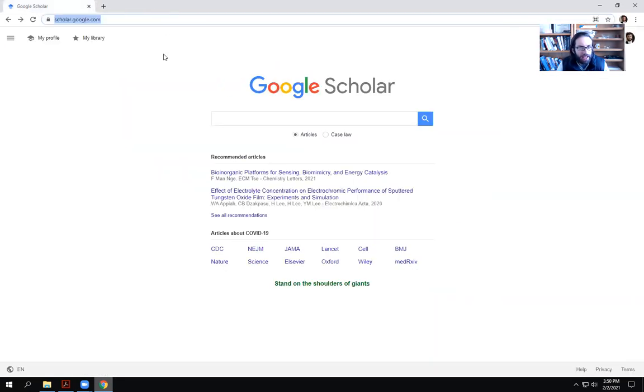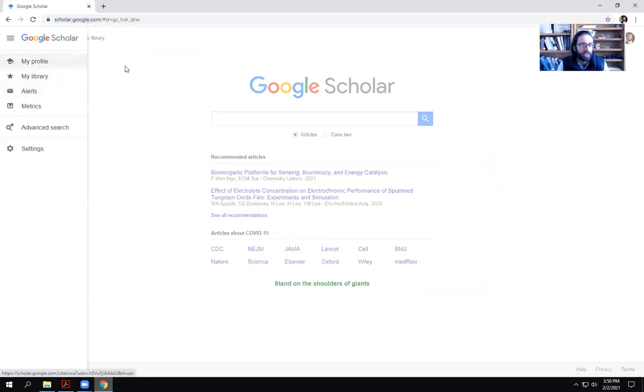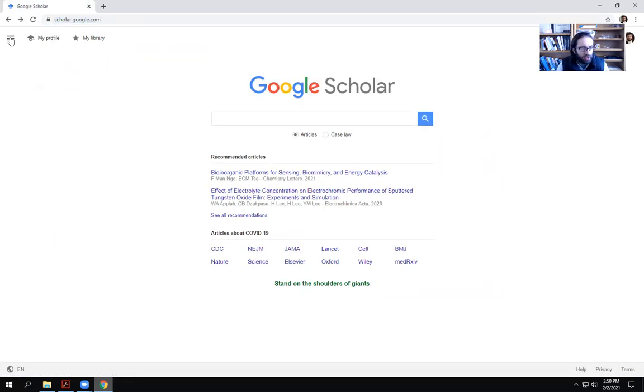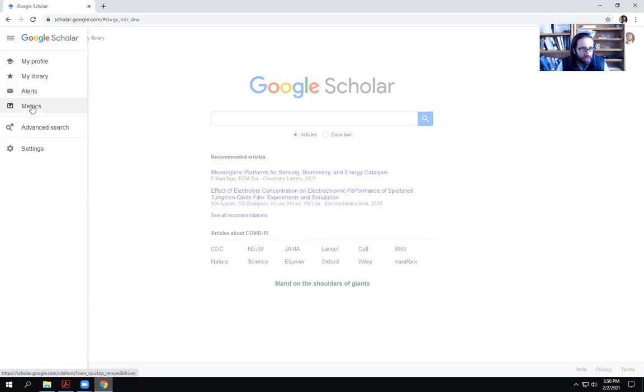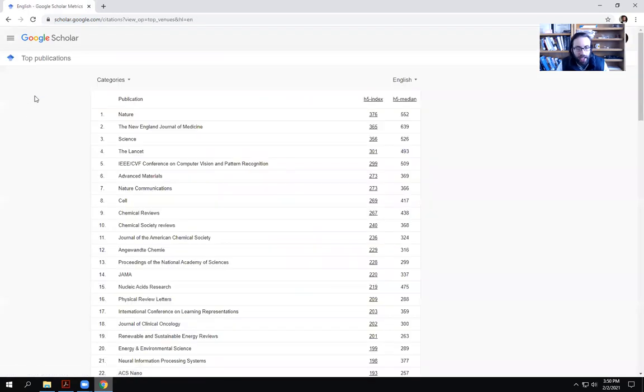Let's look at some lists of impact factors, just for kicks. Best way to do this is go to Google Scholar and click over here and hit metrics. Okay, and if you go in metrics, it's going to tell you the top publications in terms of impact factor.